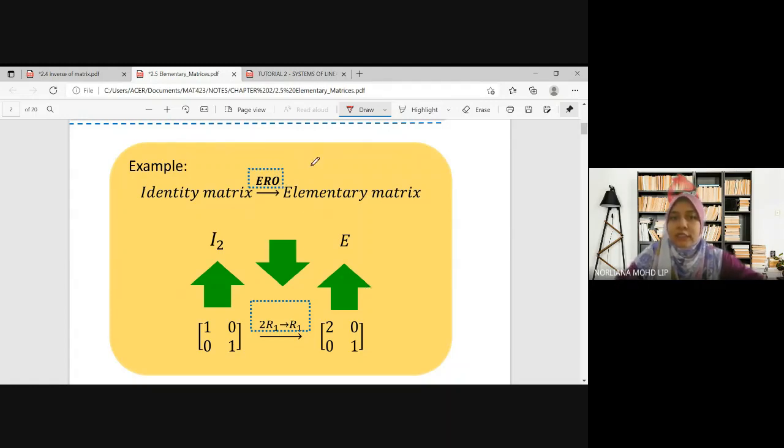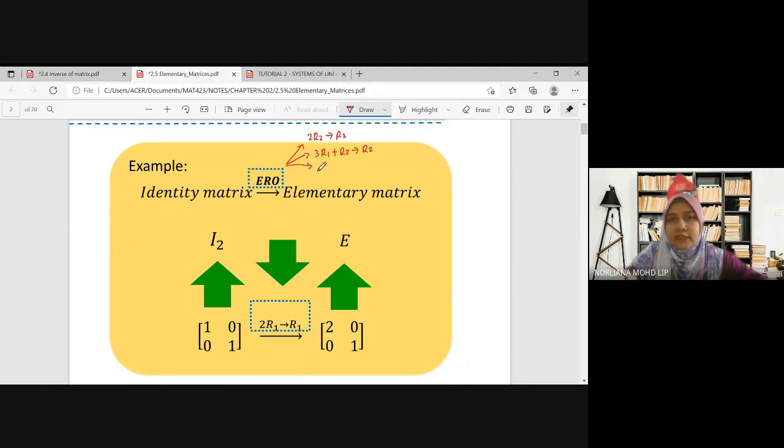We know there are 3 operations for elementary operations. For example, the first operation is multiply by a non-zero constant, for example 2 row 2 transforms into row 2. Or the second operation, add a multiple with a non-zero constant to another row, for example 3 row 1 plus row 2 transforms into row 2.